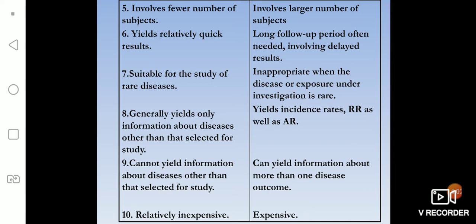Case control studies cannot yield information about diseases other than that selected for the study, because we are selecting the diseased people and going back. Whereas cohort studies can yield information about any other diseases besides the one we are studying, because we are following the people prospectively.